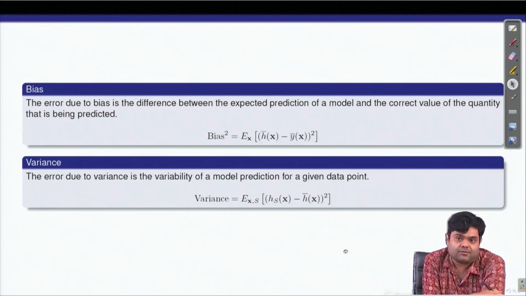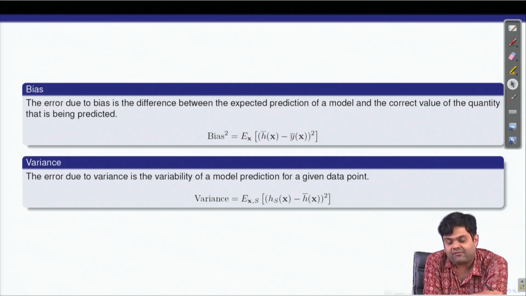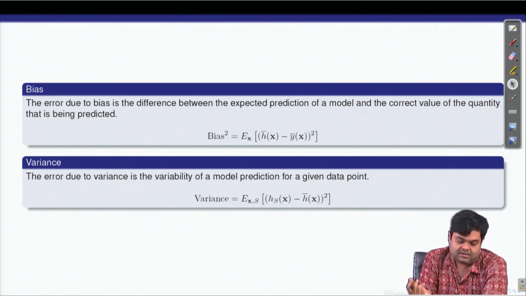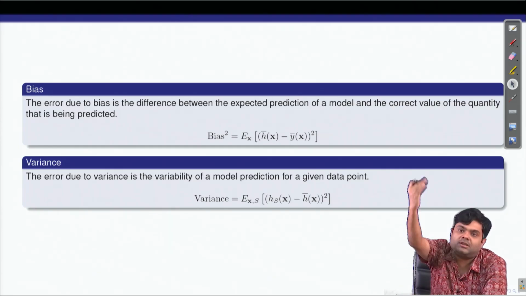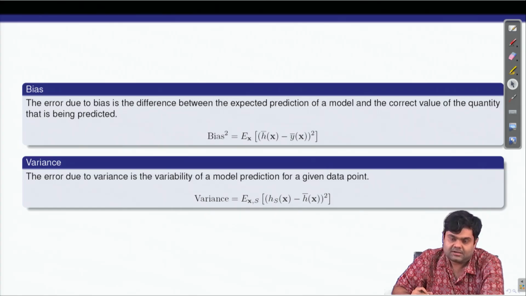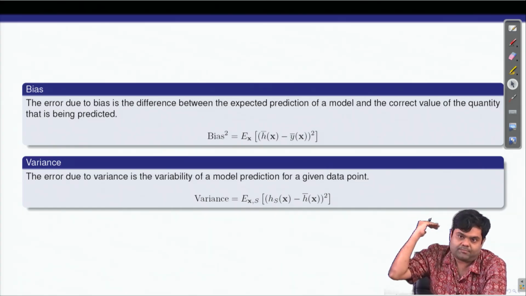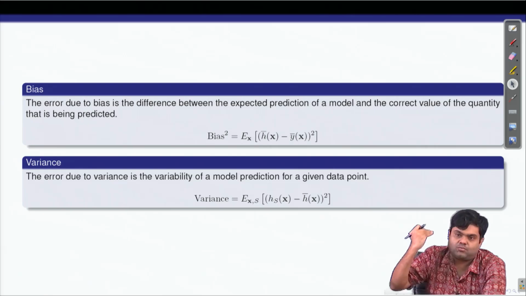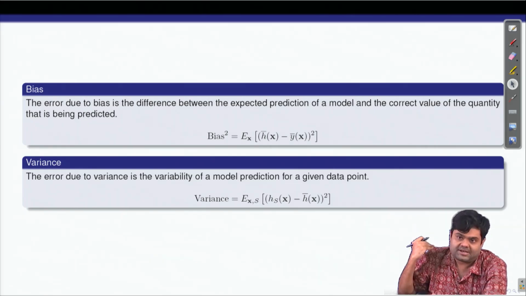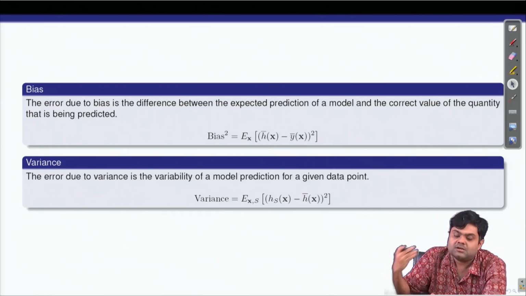So, we saw one aspect of this error will be bias. The bias is: you fix a value for x, call it small x, take all the predictions Hsx, vary it over all possible samples, and then take the average value over all possible samples, call it h bar x.